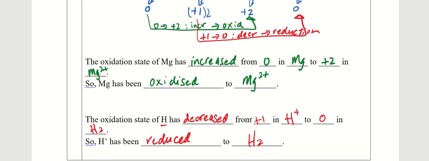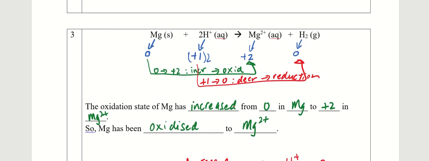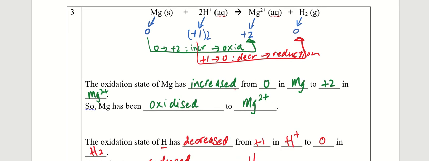Okay, so this is the last example that we will show. So just a quick summary. In order for us to determine what has been oxidized and what has been reduced, we need to first of all determine the oxidation states of all the different elements within that reaction, assigning the oxidation states following the rules that we have discussed previously, then determine which element has increased in oxidation state and which element has decreased in its oxidation state.